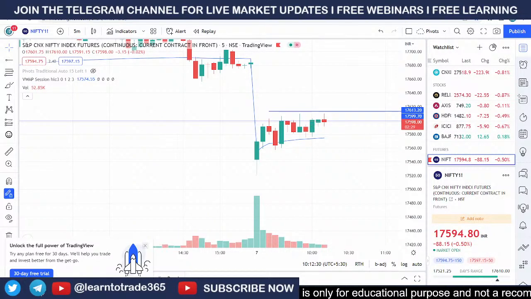You have to compare the charts and get an understanding of how the premium decay happens. I will show you. Parallelly, I'll be opening a futures chart of Nifty along with the option.